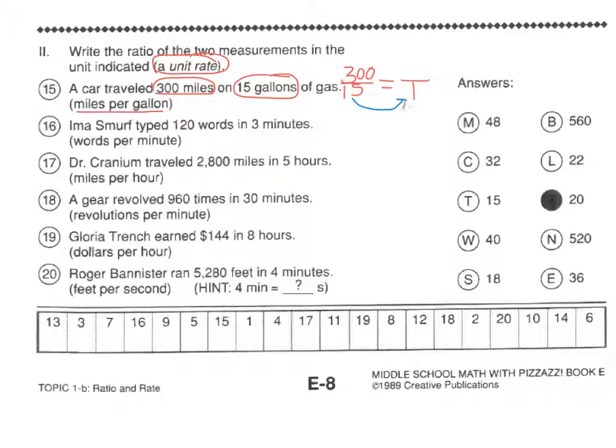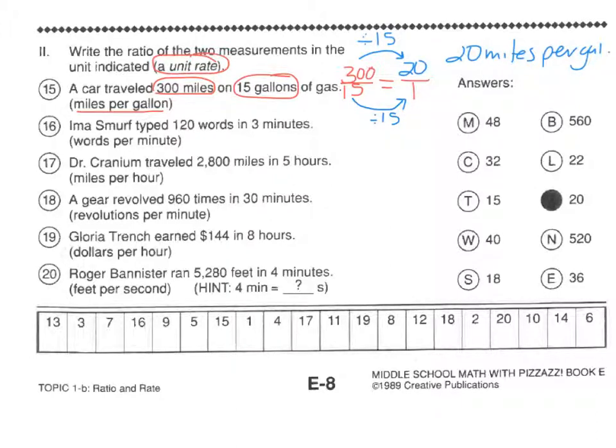So I put the 1 at the bottom and I'm going to divide by 15 because I need to get from 15 to 1. So I'm going to do the same up here and divide by 15. And 15 goes into 32 times, and 15 goes into the 0 at the end 0 times. So it would be 20 miles per gallon.